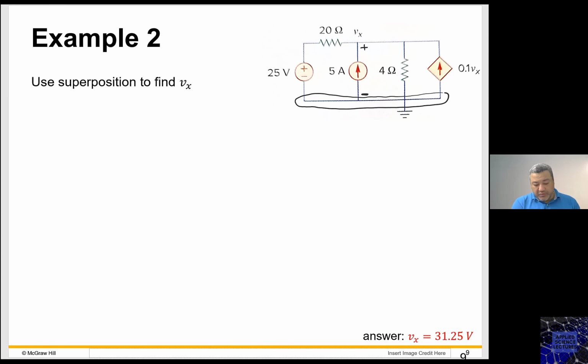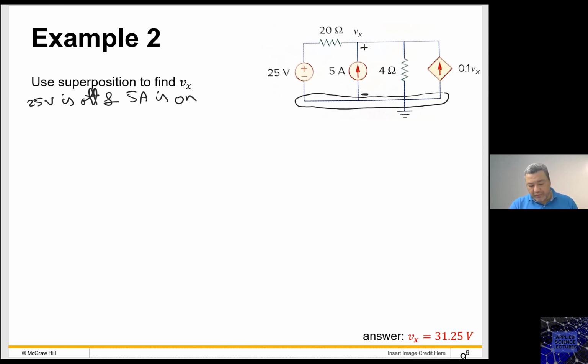In this case, I will start by switching off the voltage source. I will redraw the circuit.